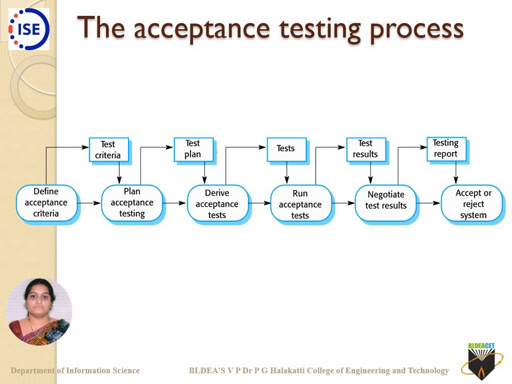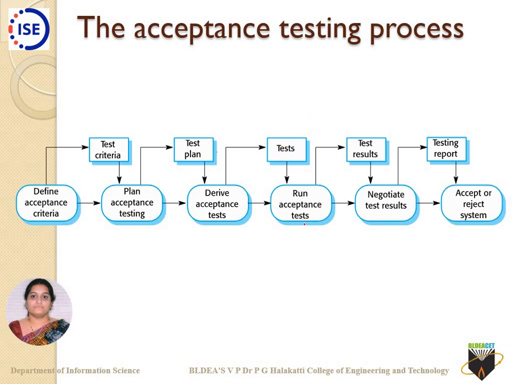When you define the acceptance criteria, you look at the requirement specification and, based on that, see whether it is acceptable or not. You have some test criteria, and this acts as an input for planning the acceptance testing. When you plan, you have the test plan with you, and from it you derive acceptance tests, which include different types of tests.